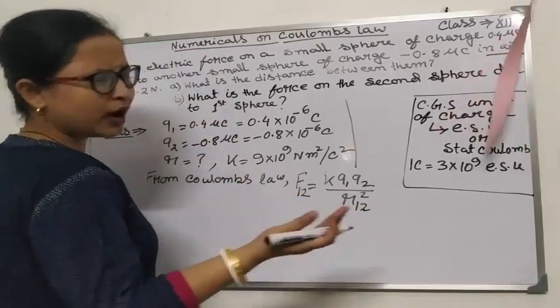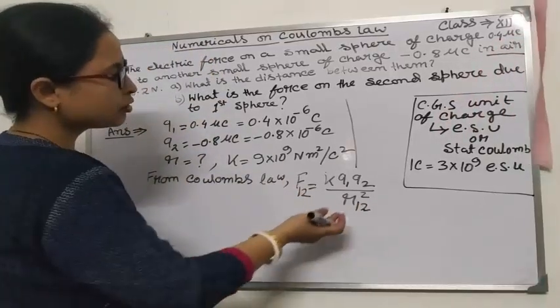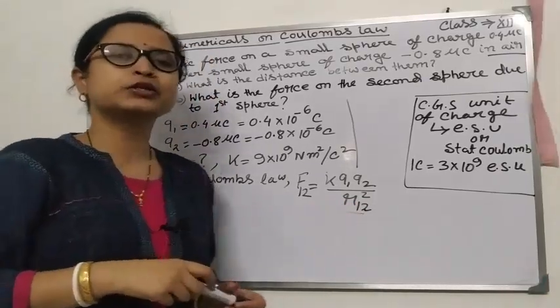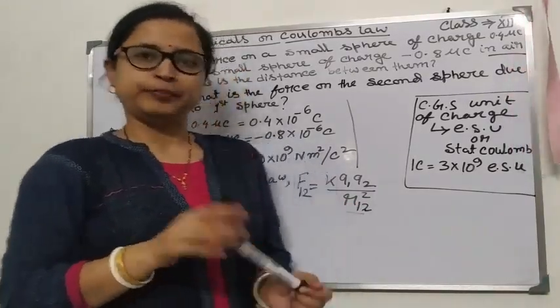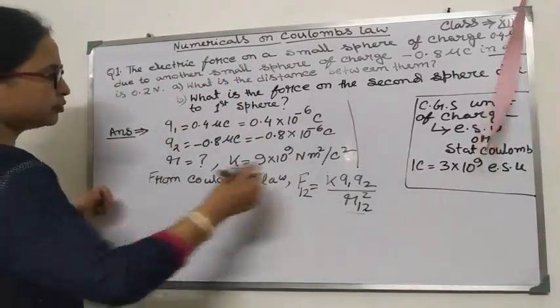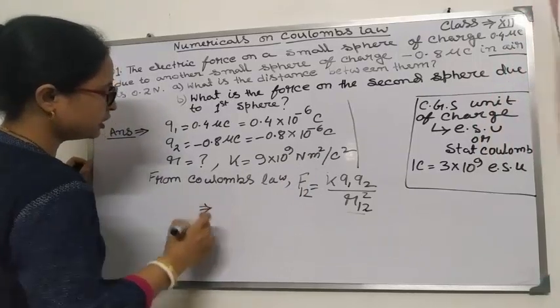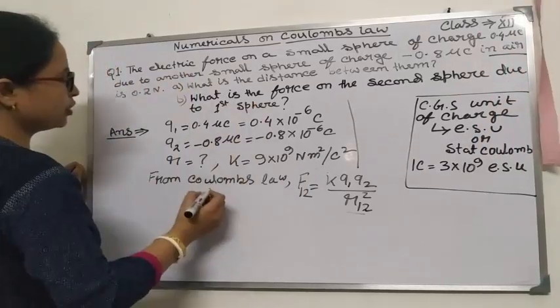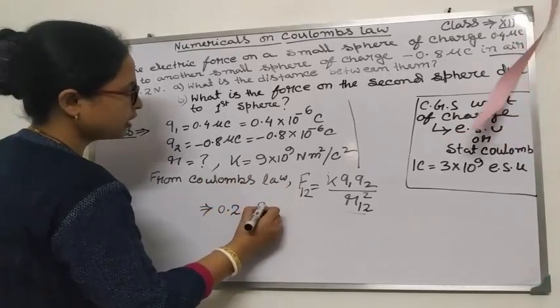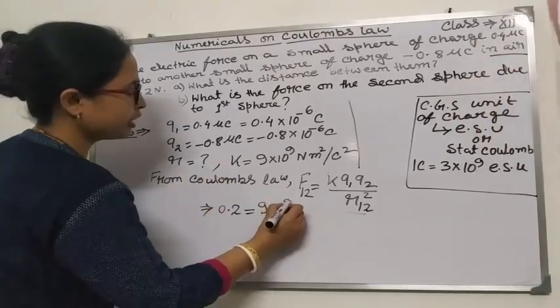Clear? The magnitude of R12, if we are finding the value of R12, will be the distance between the two charges only. Clear? So, let us find this. From this formula, you can check F12. What is the value of F12? It is given as 0.2. K is 9 into 10 to the power 9.